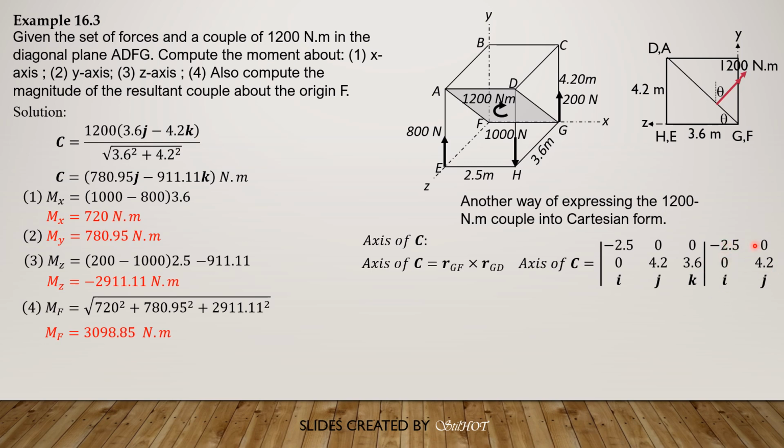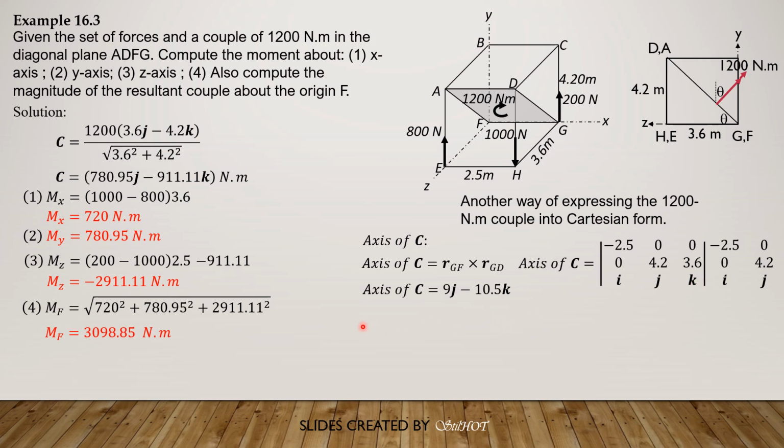And copy the first two column elements, then the unit vectors. For i, we have 0, so there's really no x component. For j, we have 0 minus 3.6 times negative 2.5, so that's positive 9 j. And for k, negative 2.5 times 4.2 is negative 10.5, then minus 0, so negative 10.5 k.